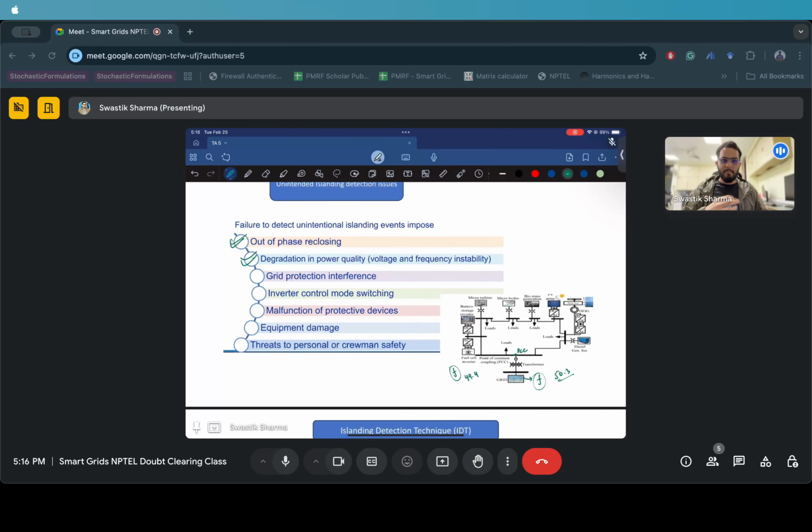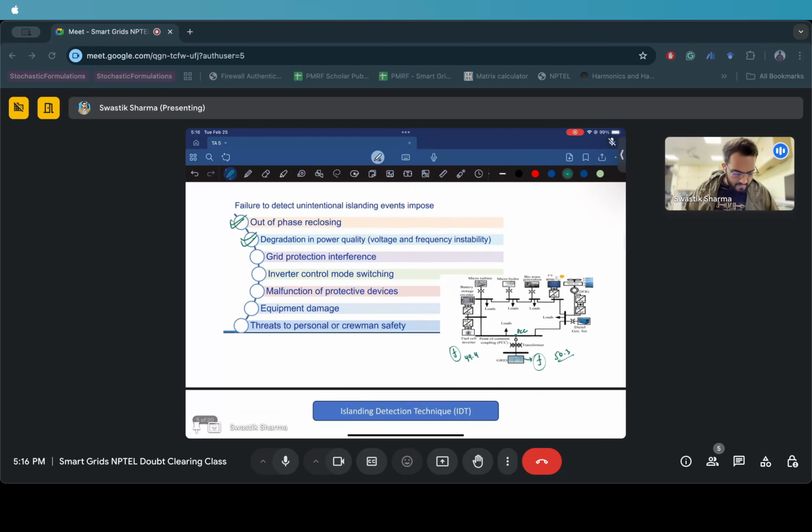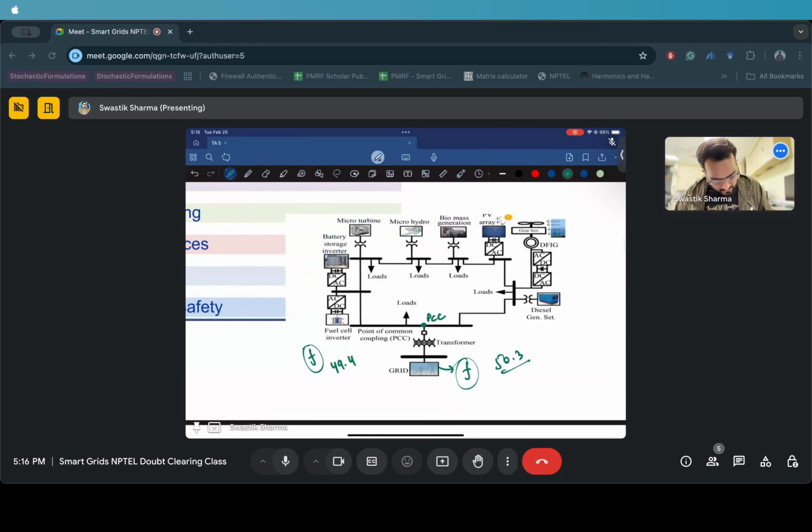So your power quality becomes degraded because voltages are out of sync. What happens usually is if frequency is out of sync, the voltage will also suffer, not by a big margin, but we will talk about how voltage and everything is related in upcoming weeks. Just bear with me for a second: if the frequency of the microgrid and main grid are out of sync, there can be voltage sparks, surges, right?